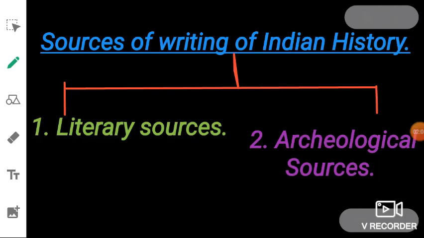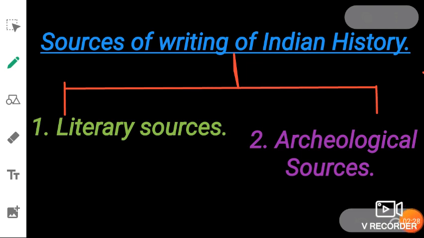So friends, sources of writing of Indian history. What kind of sources are there? The first one is literary source, and the second one is archaeological source. What do you mean by literary source and archaeological source?